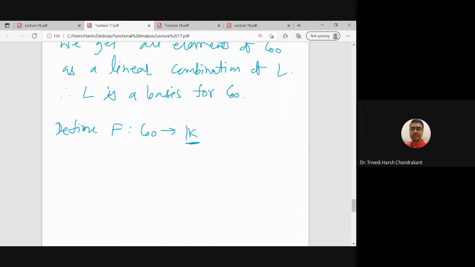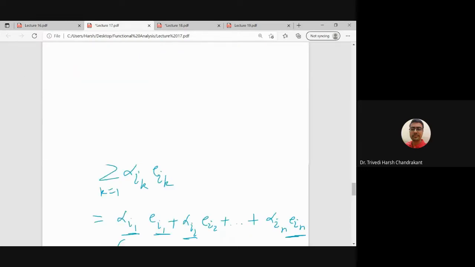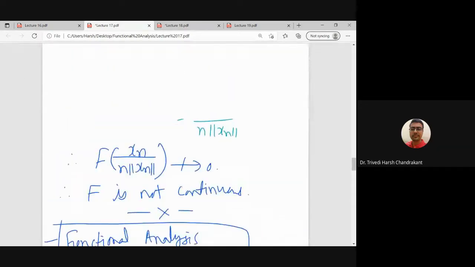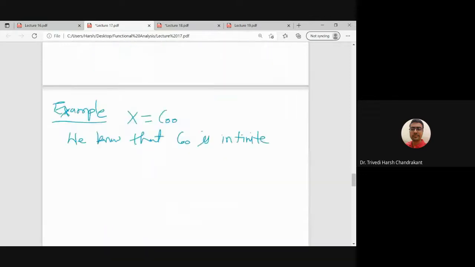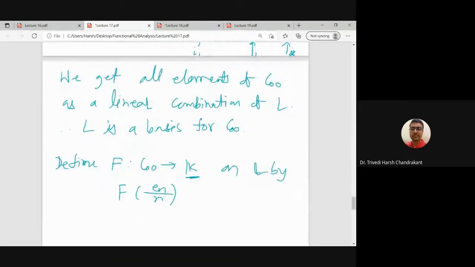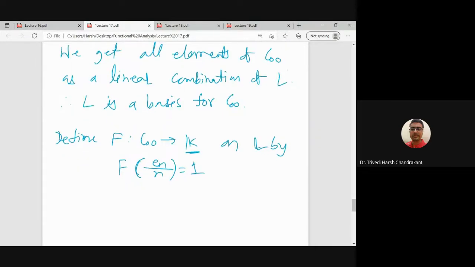So define this function on the basis elements by f of en divided by n. That is, this element xn divided by n norm xn, but en has norm 1, so this is nothing but en divided by n. So f of en divided by n, we are defining it to be a non-zero value, any non-zero value for every n.